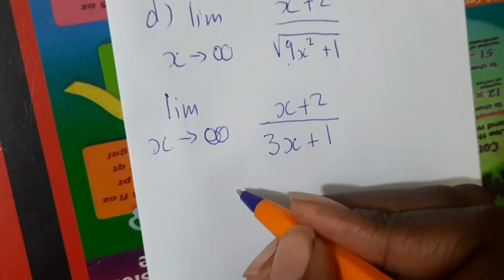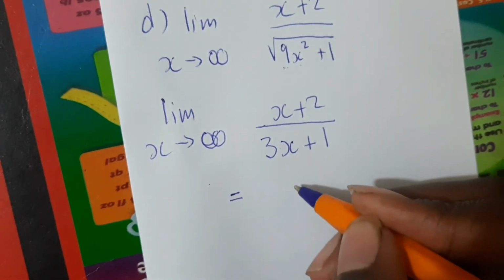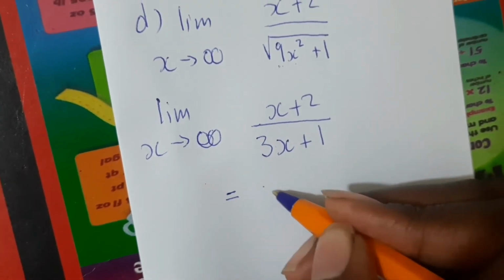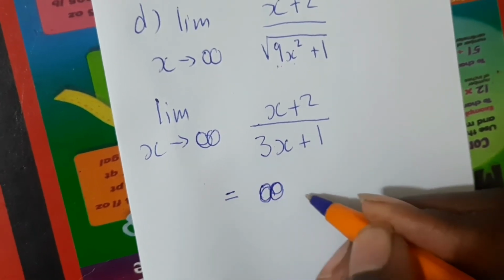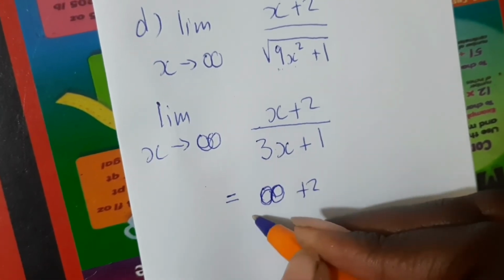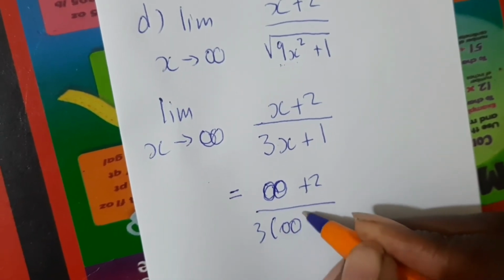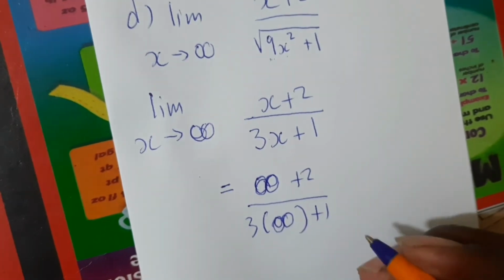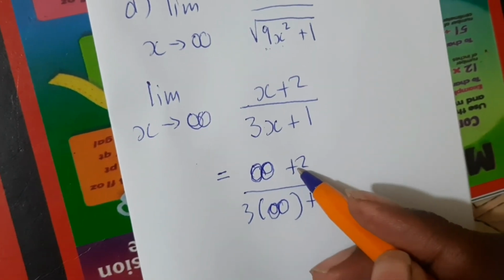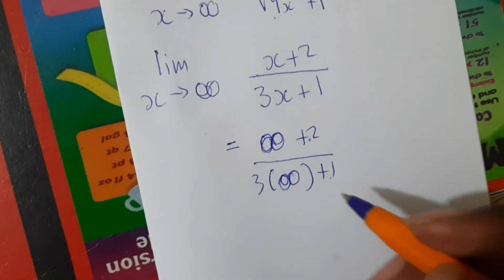So at this point, we're going to replace the x's with infinity. So we've got infinity plus 2 over 3 open brackets infinity plus 1. The plus 2 and plus 1 are not really going to be considered.